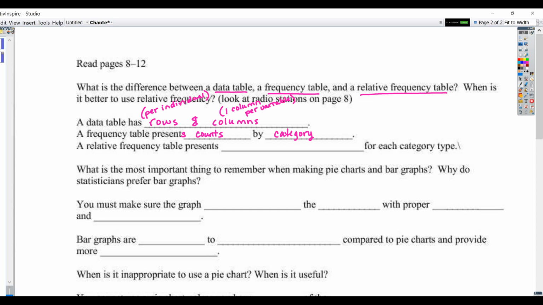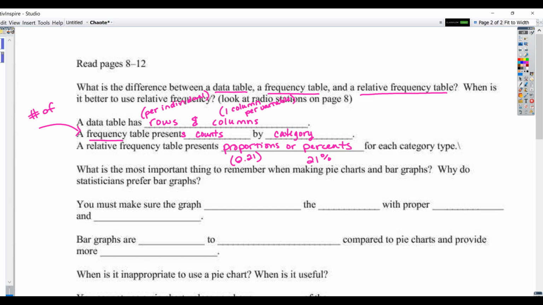And then a relative frequency table presents proportions or percents. When I say proportions, it might be, for example, 0.21. Percents would be 21%. That's all I'm talking about there, okay? Whereas a frequency table is going to actually give you the number of the individuals that fall into that category, okay?